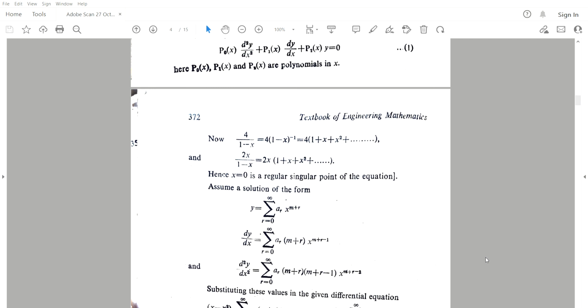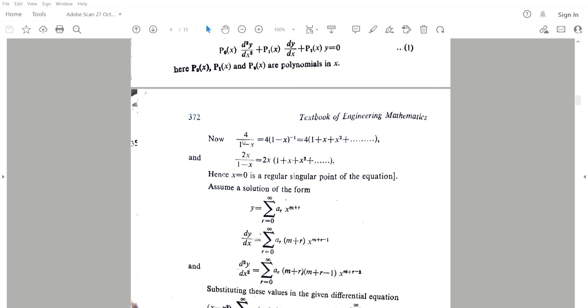Therefore, for regular singularity, the solution is like this. Then we calculate y dashed, then y double dashed, and then we substitute in the equation. As previously, we will get an equation by substituting d2y/dx2, dy/dx and y in the given equation.